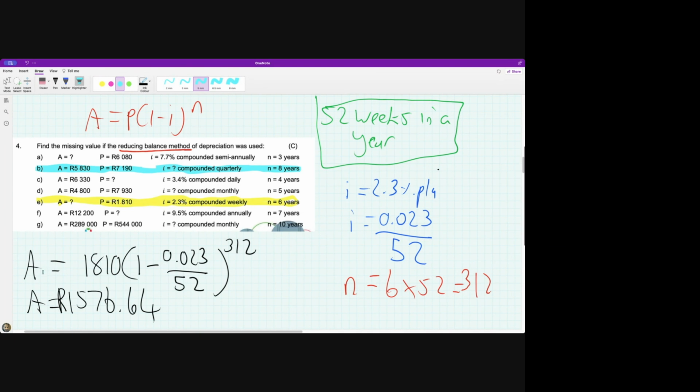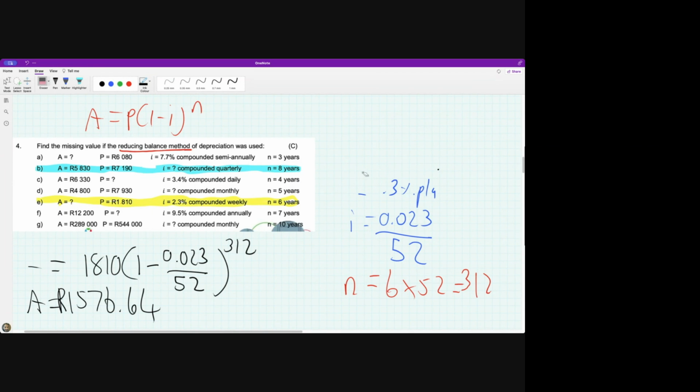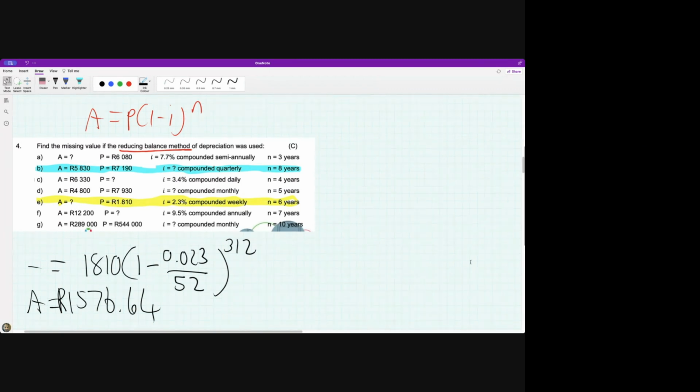Let me know in the chat if you can write down the first statement or if you're getting a bit stuck with this one. So say stuck if you're stuck, or say done if you can write down the first bit of information about doing the blue one.